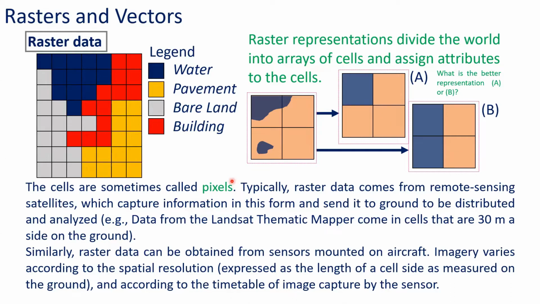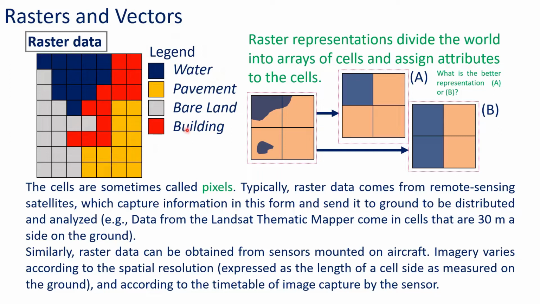You have a pixel. It is square, and each pixel will contain some information about that area. This can be both discrete and continuous. In the representation mentioned here, with the legend and colors, each pixel has a color and a specific land use: water, pavement, bare land, building.